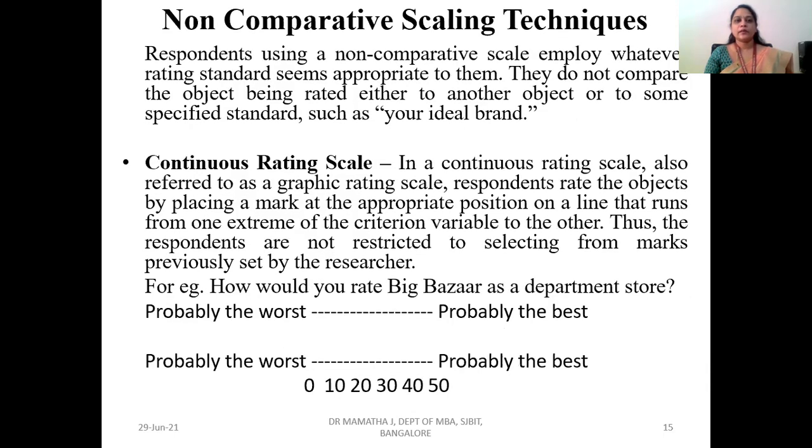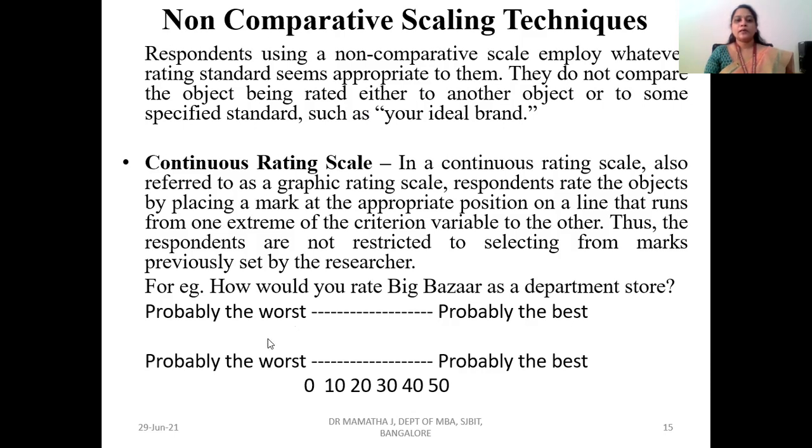This is Q sorting. Coming to non-comparative scaling techniques, as I told you, here each item is measured independently without being compared with another brand. Whatever rating standard seems appropriate to them, they do not compare the object being rated to another object or to some specified standard.